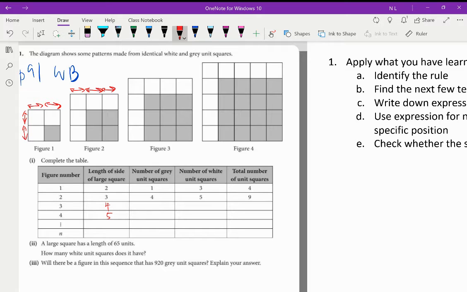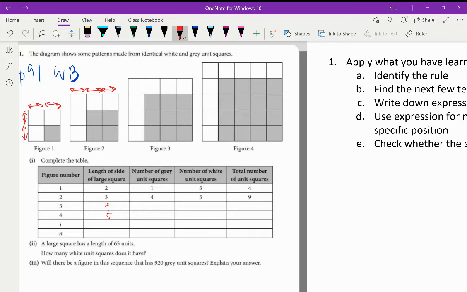And if I have figure number n, what do you think will be the length of side of the large square? If you notice, when it's figure 1, my length of side of the large square is 2, which is 1 plus 1. Figure 2 is 2 plus 1, which is 3.